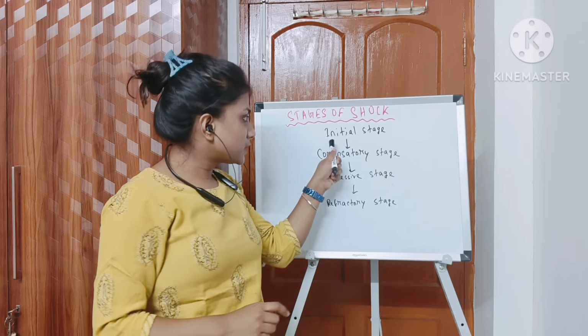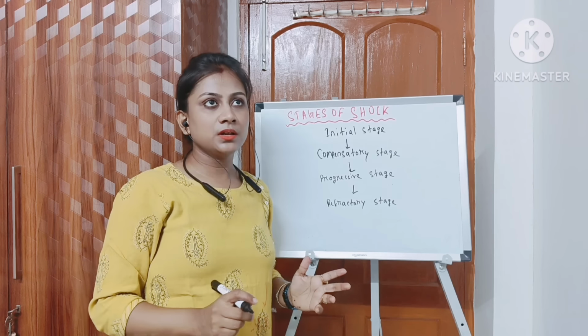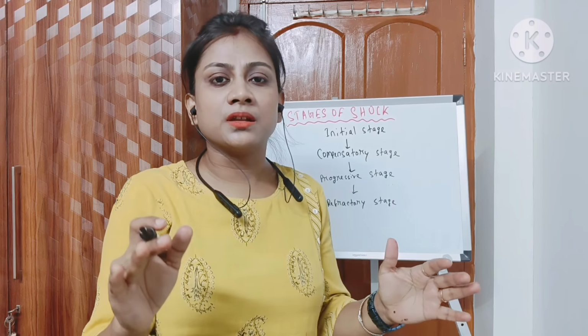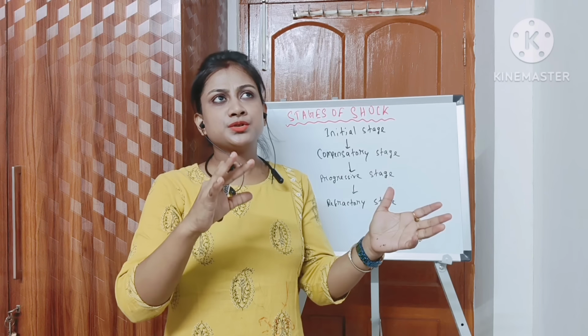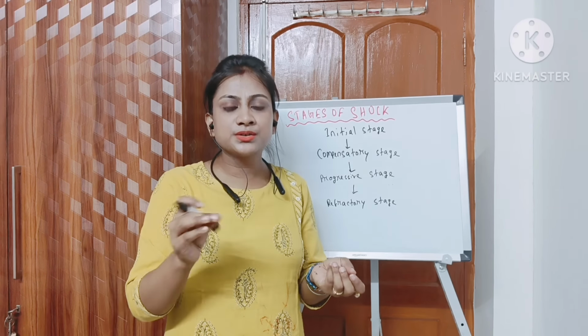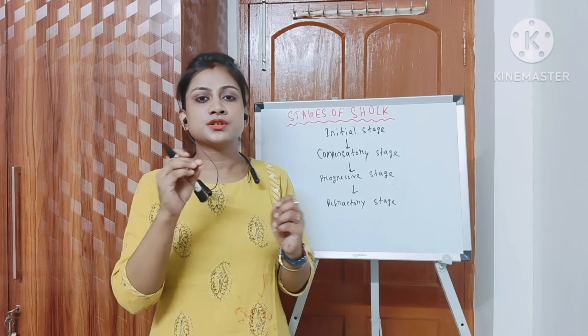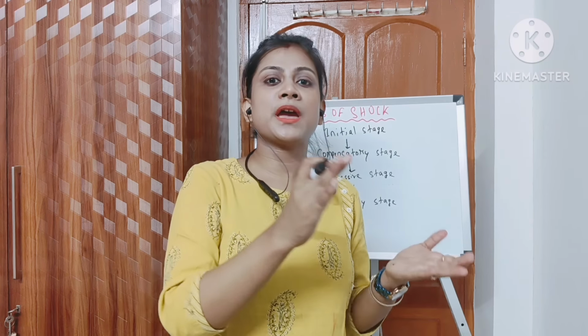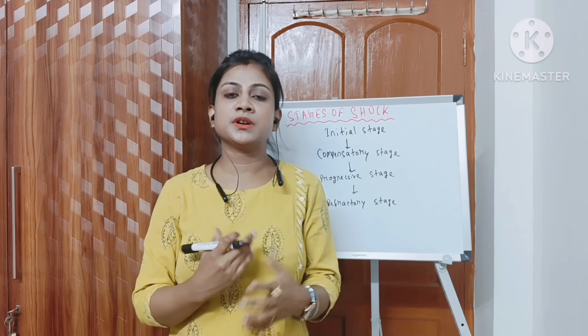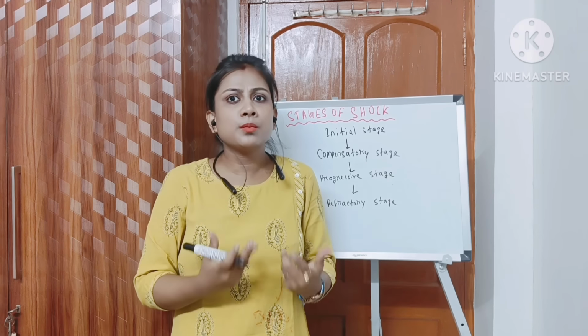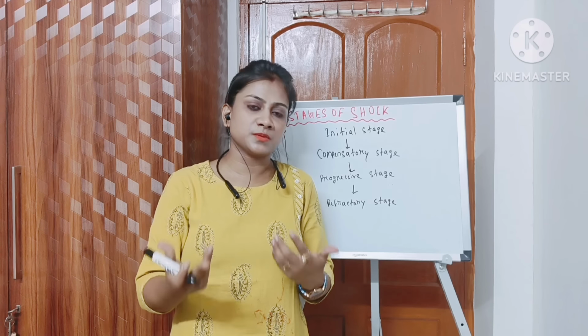So, the first stage is the initial stage, when the problem has just begun and the etiological factors were there. So what happens? At a cellular level, certain changes are there, like there is a shift of metabolism from aerobic to anaerobic, meaning that in the absence of oxygen, the metabolism will start. Because your body needs energy, and metabolism should be there to make the energy.